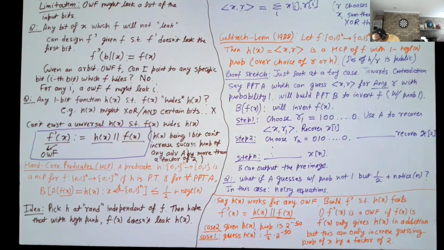There's another question. So the statement is supposed to be that for all f that takes an n-bit string, f prime takes in and returns an m plus 1 bit string, does this probability then increase at all? Yeah, so f prime does give you m plus 1 bit output.